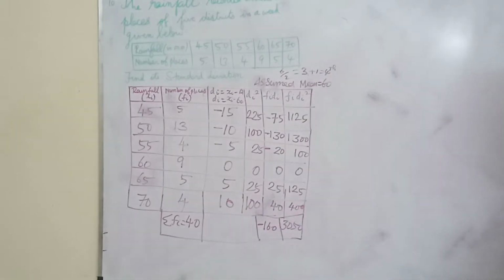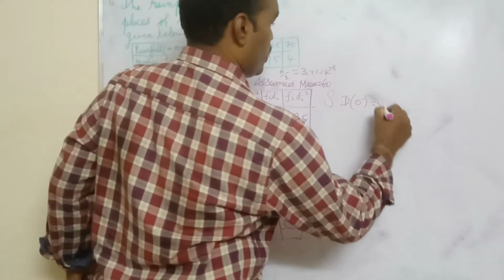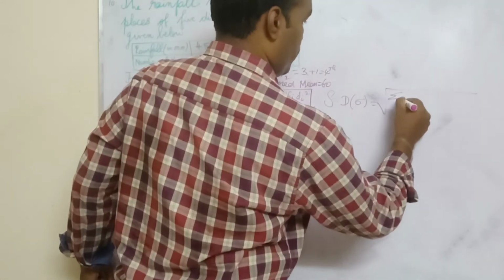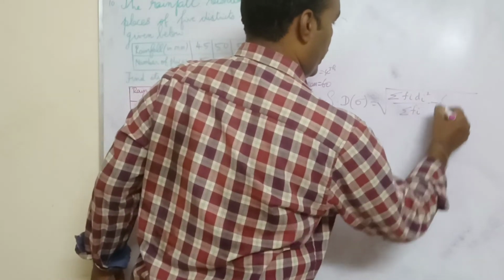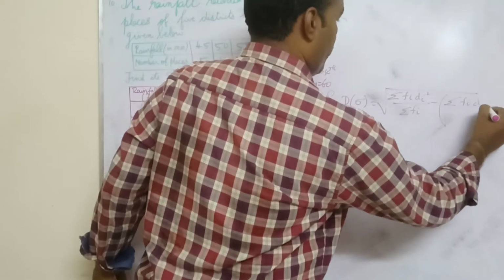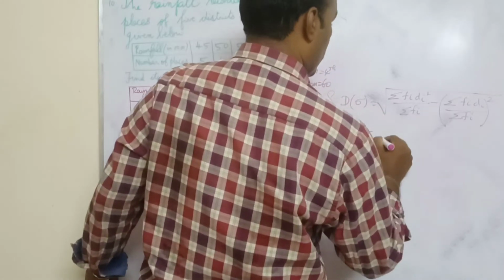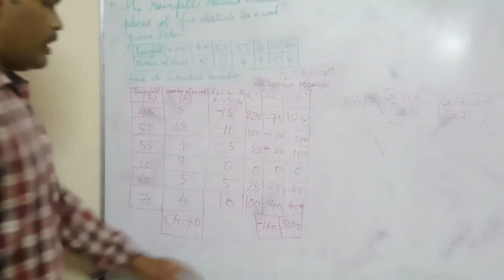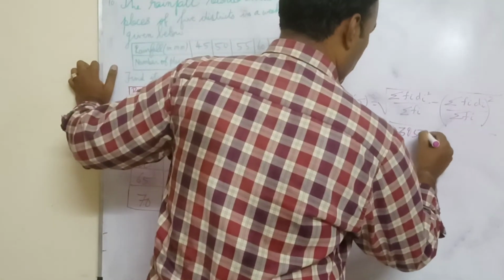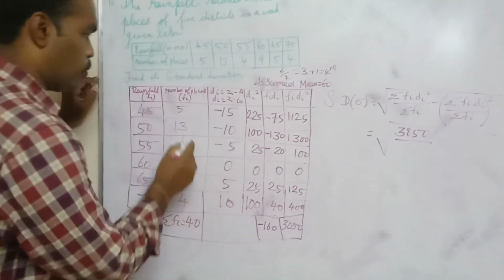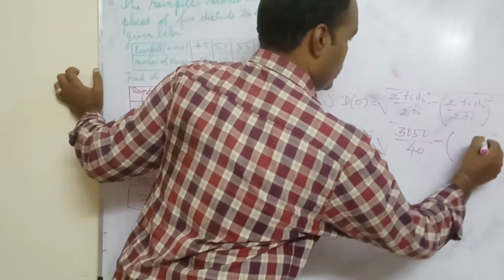Now we need to find the standard deviation. For standard deviation, sigma equals the square root of sigma fi di square by sigma fi minus the square of sigma fi di by sigma fi. Sigma fi di square is 3050. Sigma fi is 40.